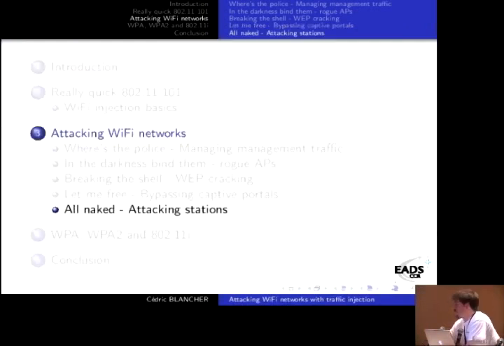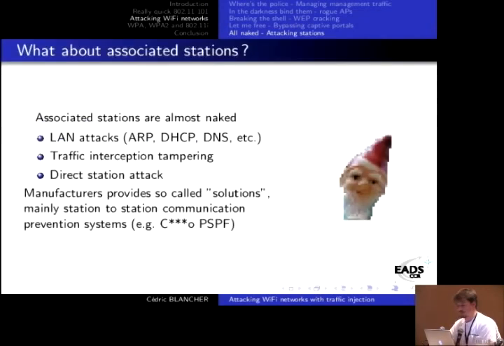And then the last thing, attacking stations. So when you're on a hotspot or an open network, you can just try to attack other stations. So what can you do?